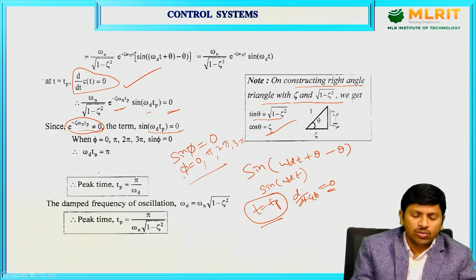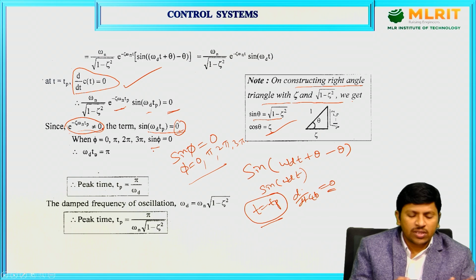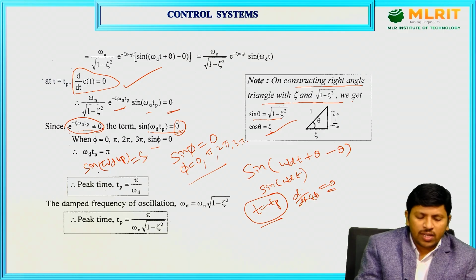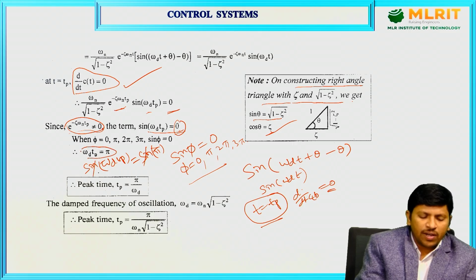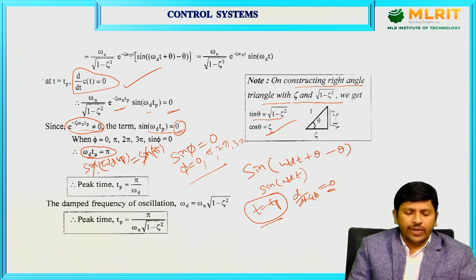So I consider sin omega d t p equals 0, and in place of 0 I write sin pi. So sin and sin, see, observe, sin omega d t p equals sin pi, so sin gets cancelled, omega d t p equals pi. We get that here.